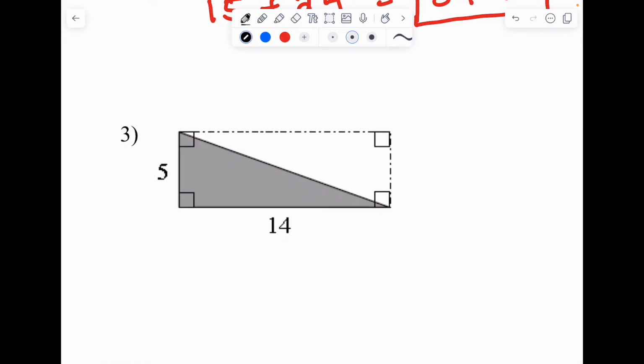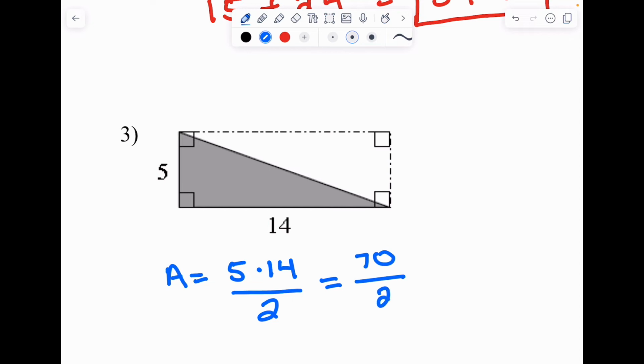And if you notice, that shaded region is about half of the entire rectangle. So if I were to find the area of the rectangle as normal, length times width, so 5 times 14, I can find the area of just that shaded section by dividing the total area in half. And so 5 times 14 is 70, and dividing by 2 will give me 35 units squared.